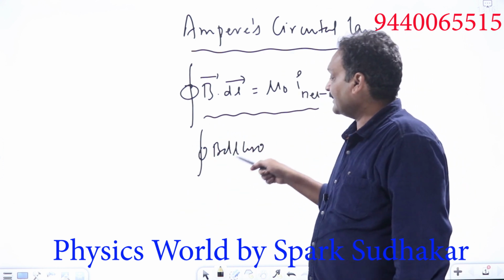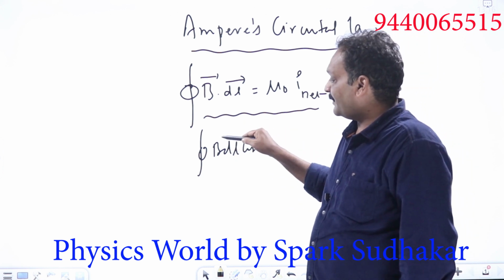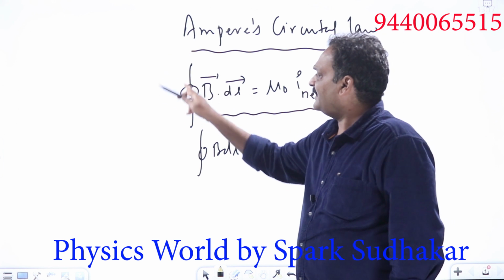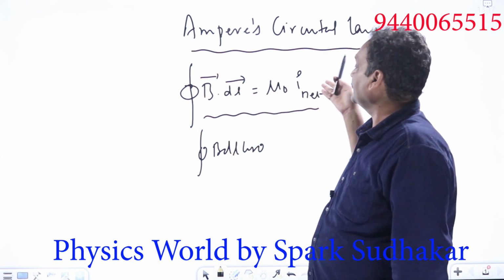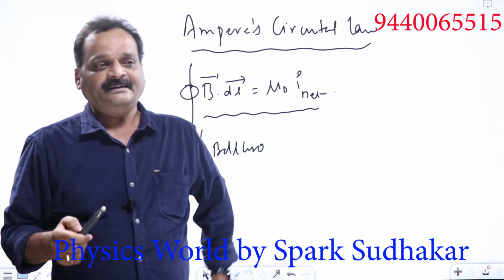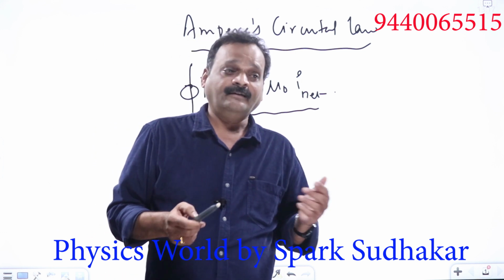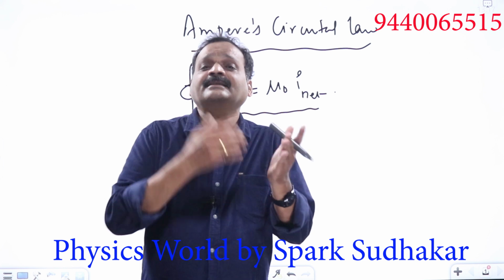And integral dl should be known. When you choose an Amperean path in such a way, it becomes very easy to evaluate this integral. Once this integral is evaluated, simply equate it to mu naught times the net current I, and you will find the B value. This does not mean that we cannot use Biot-Savart law. Ampere's law gives you the magnetic field in the fastest way.